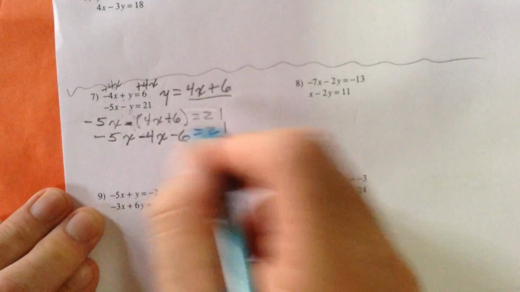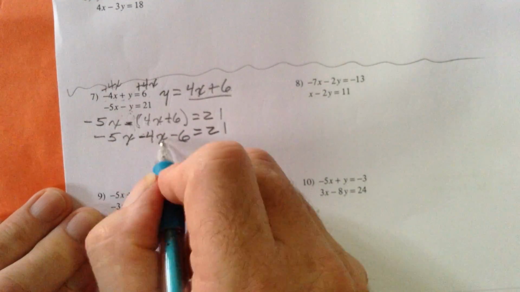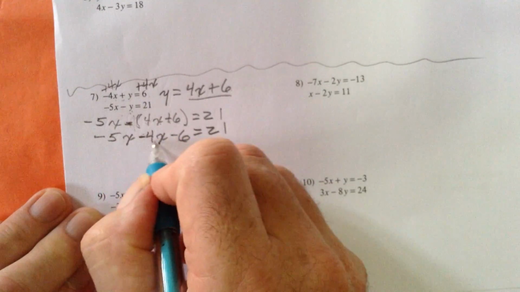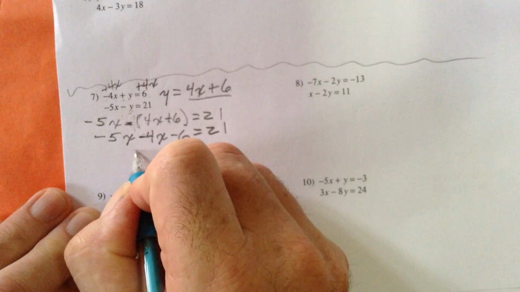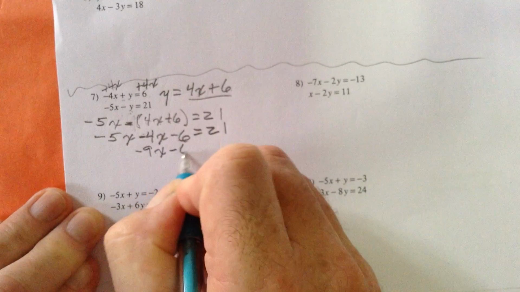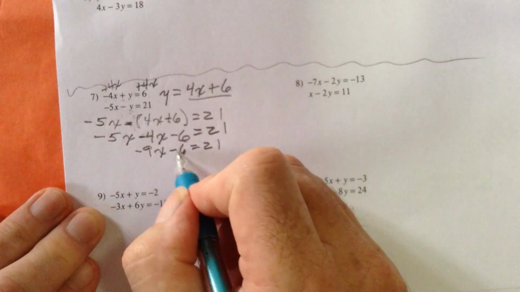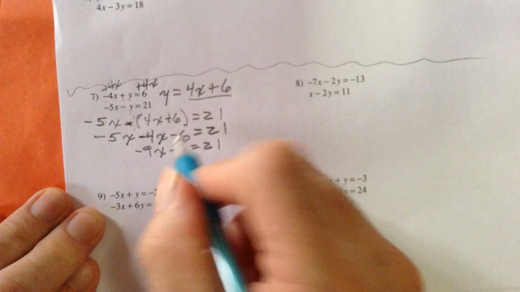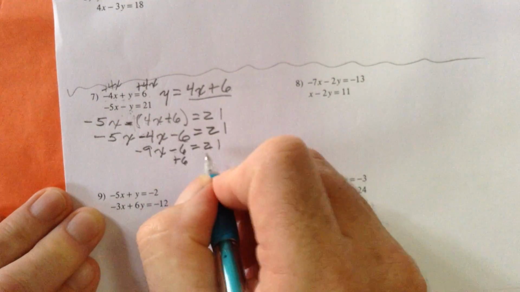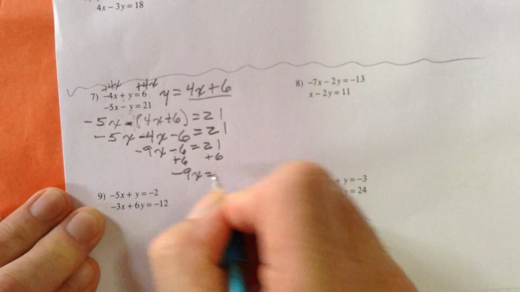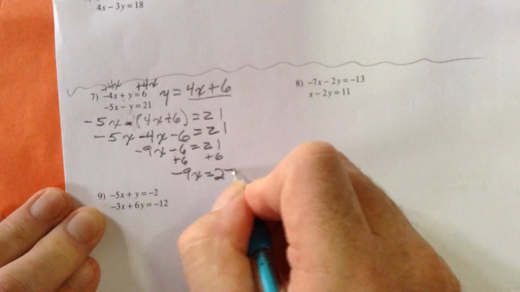Now this is back to lesson 59. I put together the like terms here: negative 5x plus negative 4x becomes a negative 9x, minus 6 equals 21. Then I have to isolate the x, so I move that to the other side. Plus 6 leaves negative 9x equals 27.